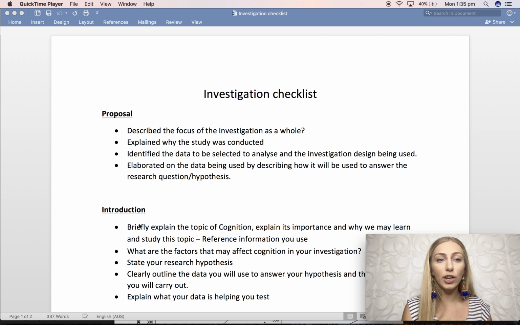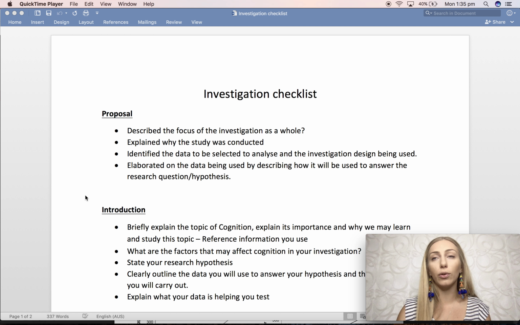So the first thing that you need to include in your proposal is a description of the focus of the investigation as a whole. What I mean there is that you don't know all the information that you are going to be gathering specifically within the investigation. So it needs to be a general overview of the focus of the investigation.